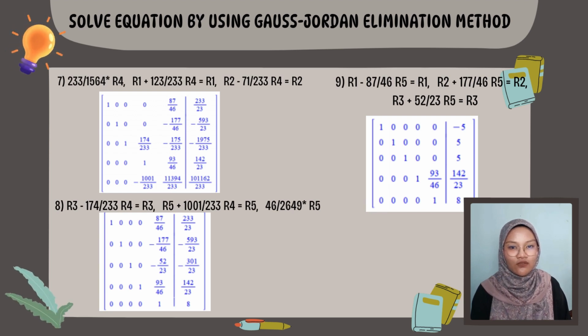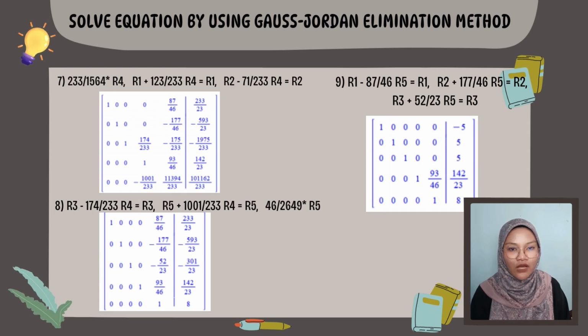Next, for row 3 minus 174 over 233 multiply by row 4. For row 5 plus 1001 over 233 multiply by row 4.